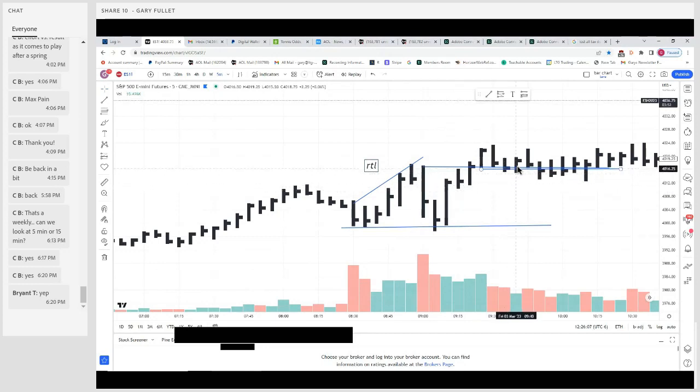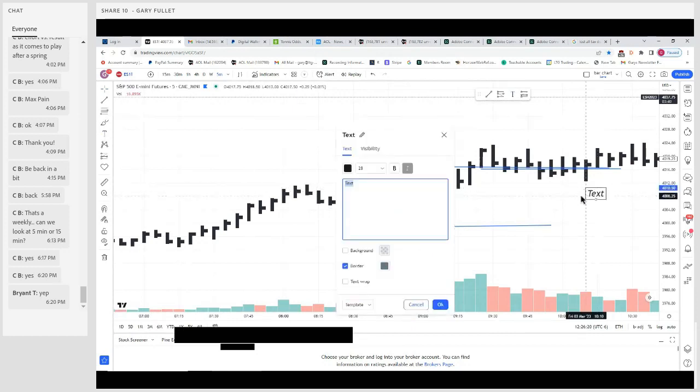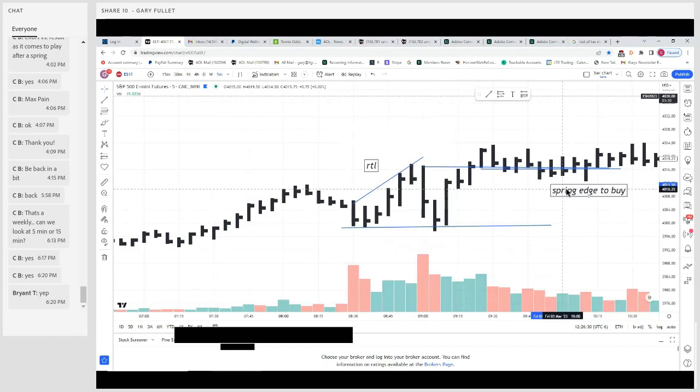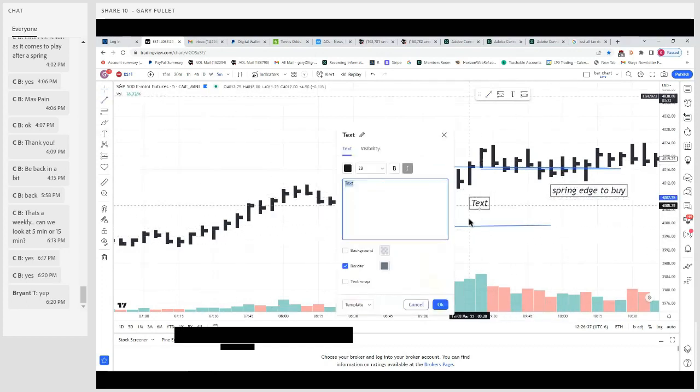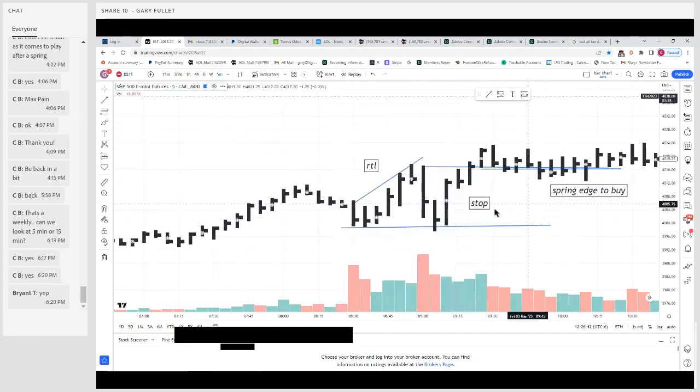Nothing here, nothing here. Our first proper way to get long this market is on a spring right here. It's our edge: spring edge to buy. And our stop is appropriately under here. You want to keep it underneath a support area.